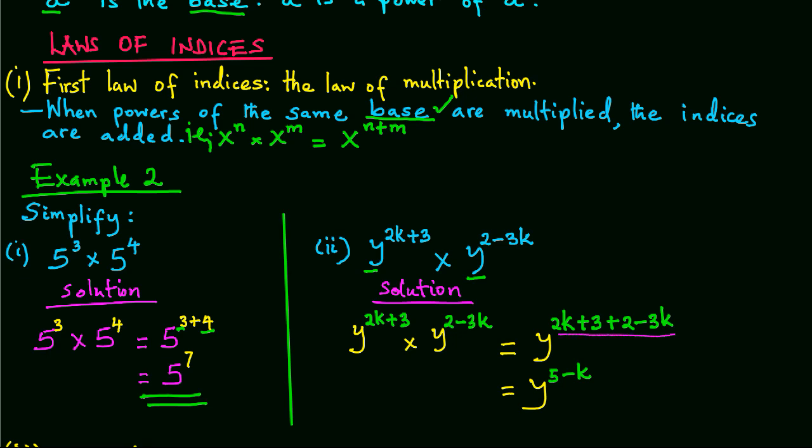So in this case, the sum of indices, when simplified, will be equal to y raised to power 5 minus k.